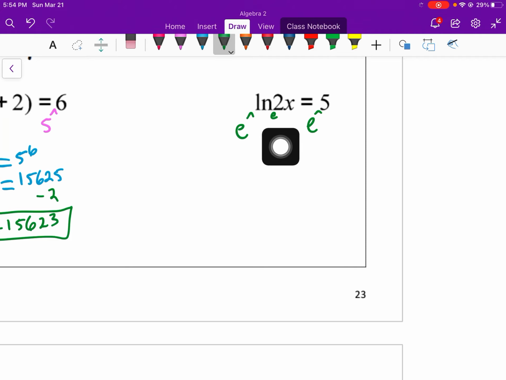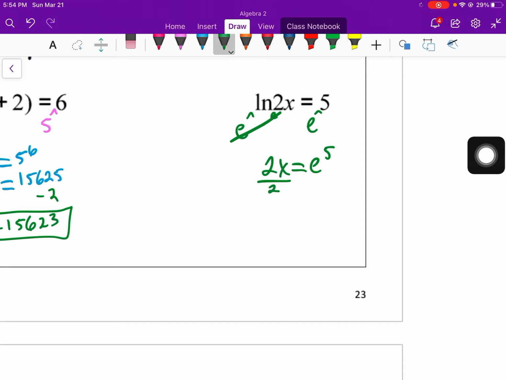These have a common base of e, so that simplifies to just 2x equals e to the 5th. This is an irrational number because e is approximately 2.71, which goes on for infinity, so it'd be 2.71 to the 5th power. So before I round that, I'm going to divide both sides by 2 just to get x by itself.